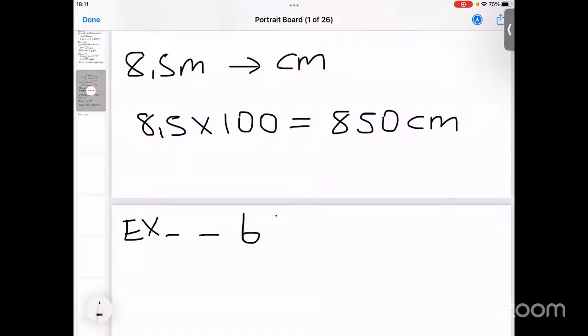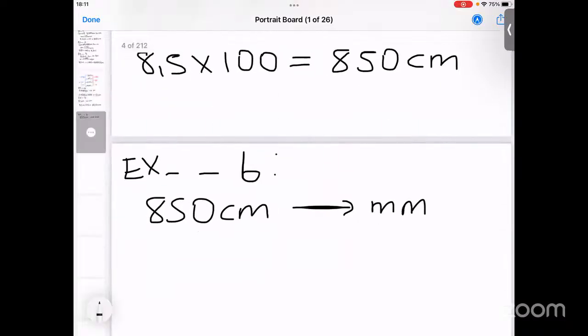Then the last example, being example number 6, yes, then we can convert that 850 centimeters to millimeters. I'm pretty much sure that by now you already realize that we are just going to take that 850, which will be multiplied by 10.